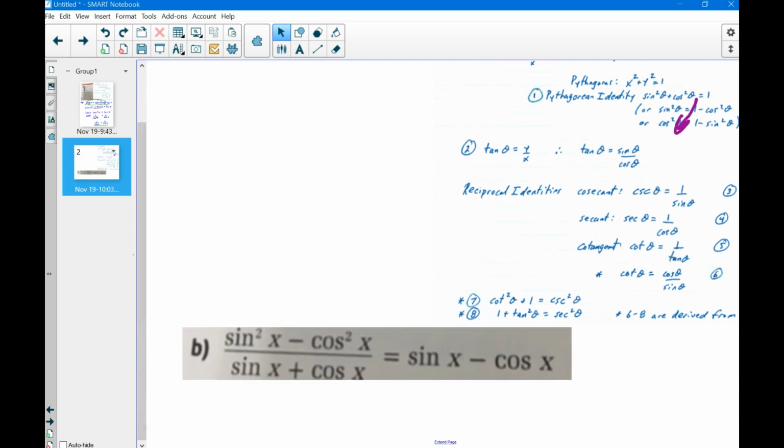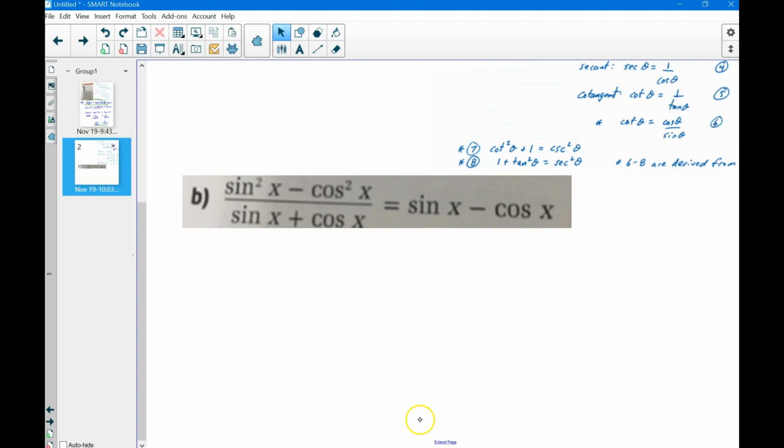If I want to get rid of that fraction, I'll multiply both sides by sine x plus cosine x. All I'm trying to do is make this side look the same as this side, and that's my goal.